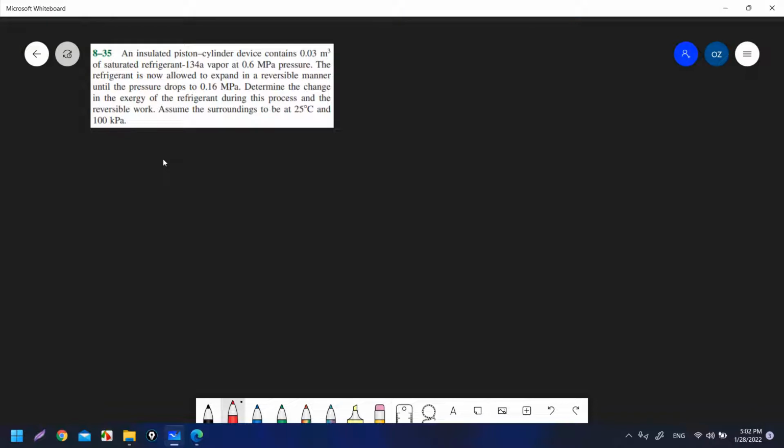In this question, we have an insulated piston cylinder device. Insulated means no heat in, no heat out. There is no heat transfer. We have a piston cylinder device that contains 0.03 meter cubed of saturated refrigerant R134A vapor.